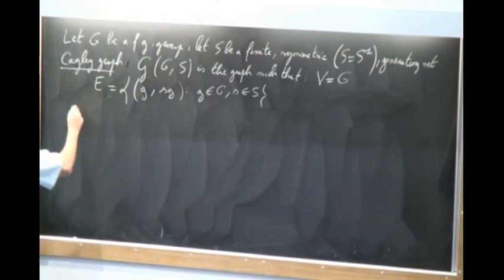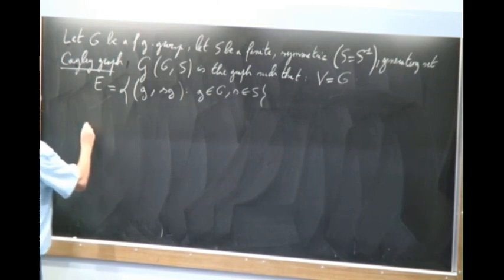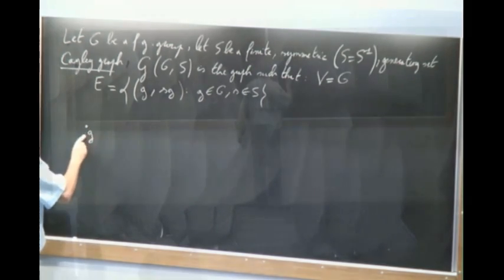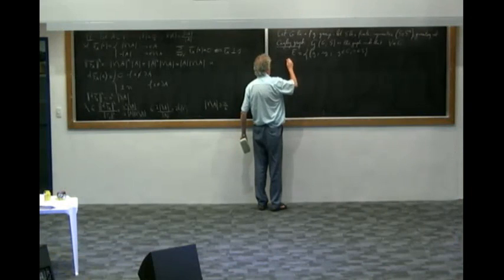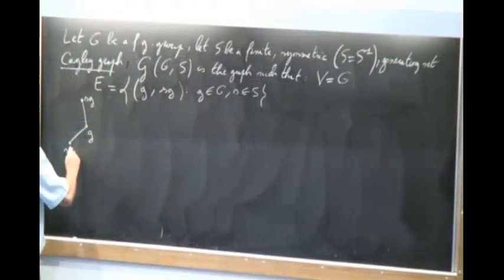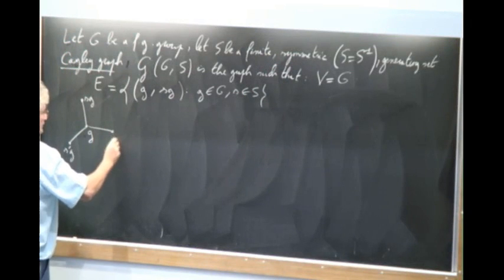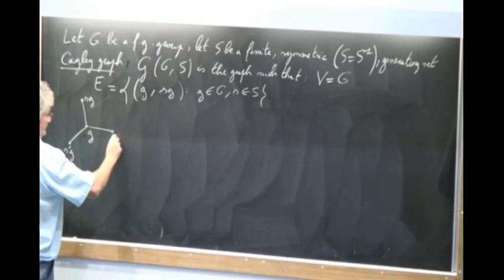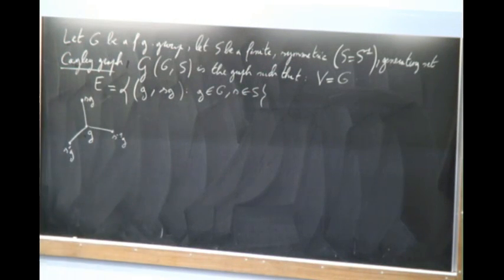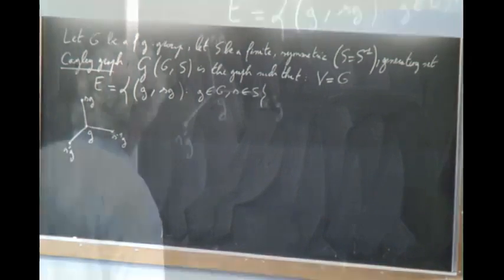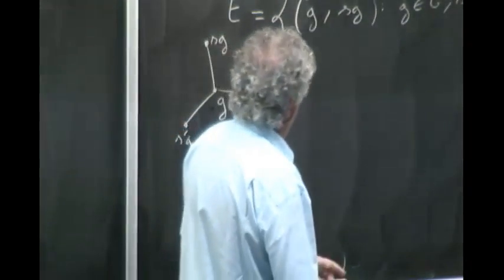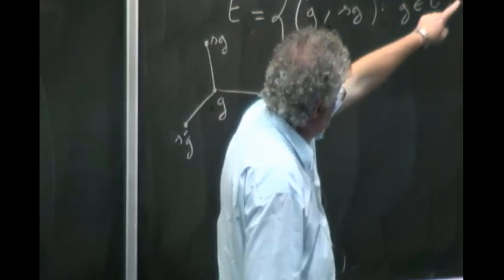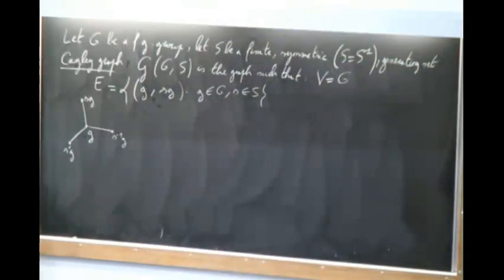So this means that to move away from a vertex g, you left multiply by all generators. And observe that this is a symmetric relation because precisely my set has been chosen to be symmetric.